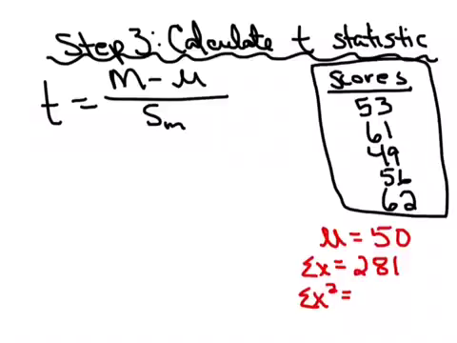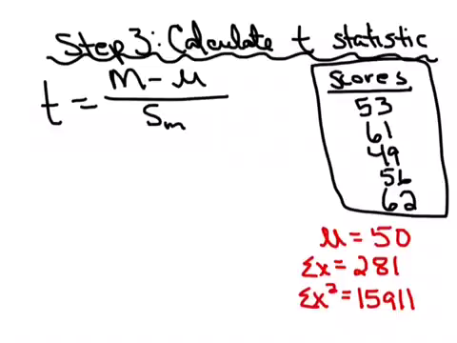281. If you go through and add up the x squared, so 53 squared plus 61 squared plus 49 squared plus 56 squared plus 62 squared, you get 15,911. Now, we have everything we need at this point to obtain our mean and our estimated standard error.